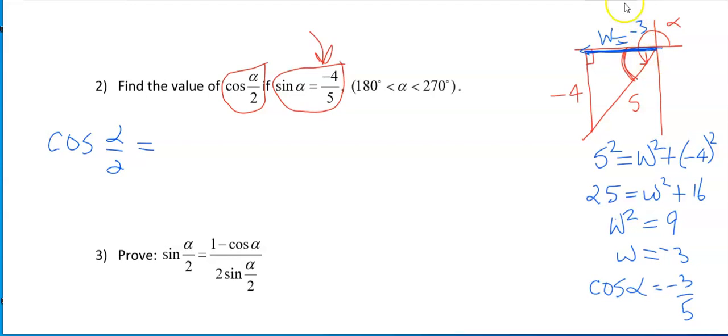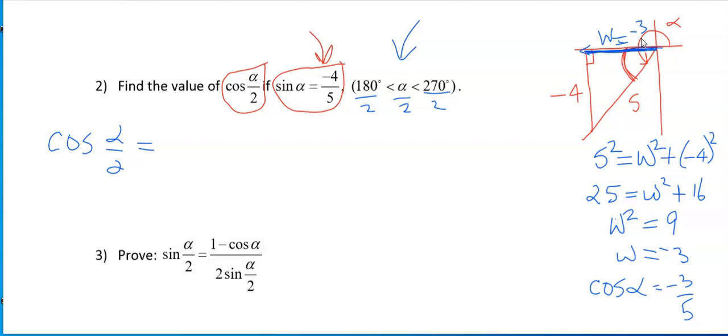So watch what I'm going to do here. This expression right there, that's the expression for alpha, isn't it? Well, you can easily change that into an expression for alpha over 2 if you divide every term there by 2. Watch that. See that? Divide every term there by 2.